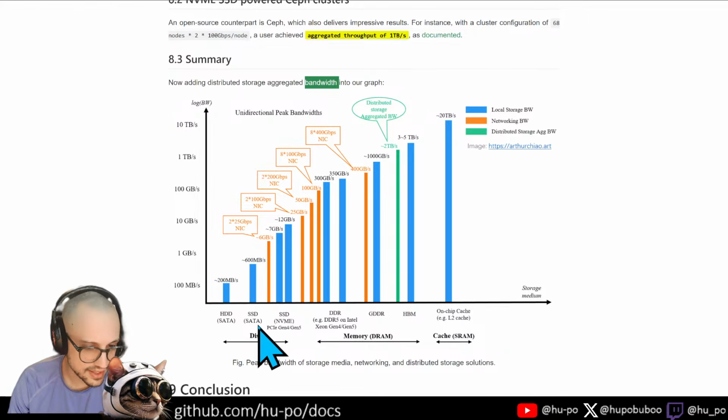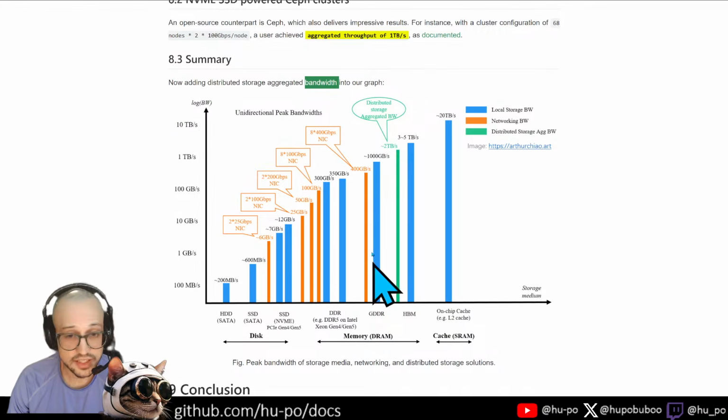SSD with SATA, a little bit better. Solid state, a little bit faster. SSD with NVMe, a little bit faster. DDR5 on the Intel, so this is now going through the CPU. GDDR a little bit faster, HBM a little bit faster, right? So you can see there's a very clear relationship between how far away the memory is, how close the memory is, and how much bandwidth you have, right?